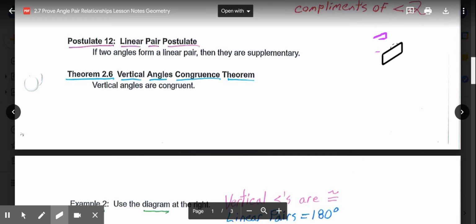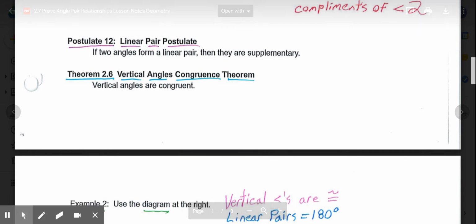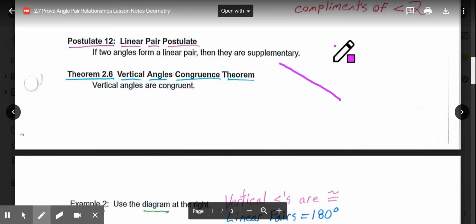Then we have Theorem 2.6, the vertical angle congruence theorem. And that means all vertical angles are congruent. And remember, vertical angles are, if we have an X, they're on opposite sides.